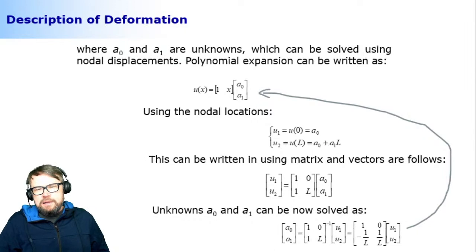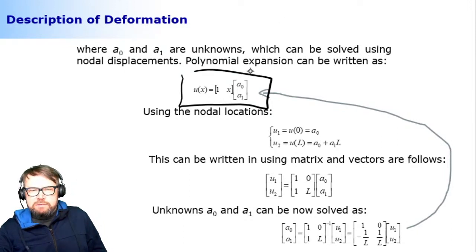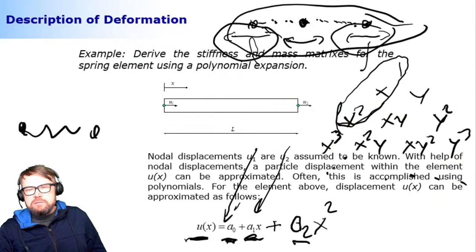All right. Now we're going to move on to mathematics. So this was my polynomial expansion. Now what I'm doing here is expressing my polynomial expansion by using two vectors. The vector that consists of my unknowns, a0, a1, and the polynomial coefficients, 1 and x. 1 and x, because of Pascal's triangle.